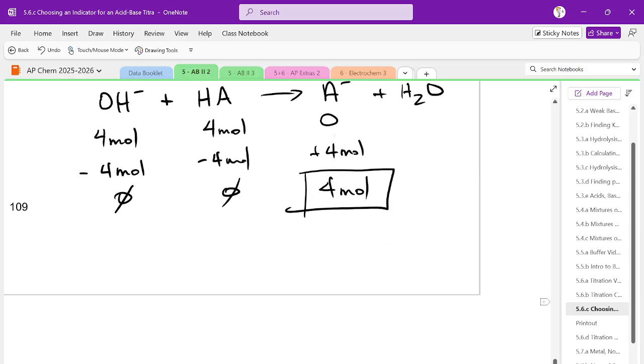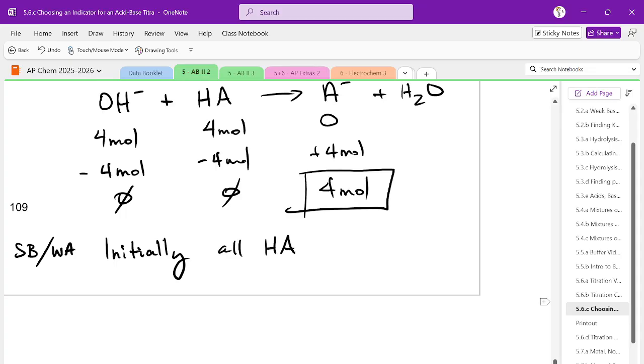So initially, if we're doing a strong base, weak acid titration, initially it's all HA.